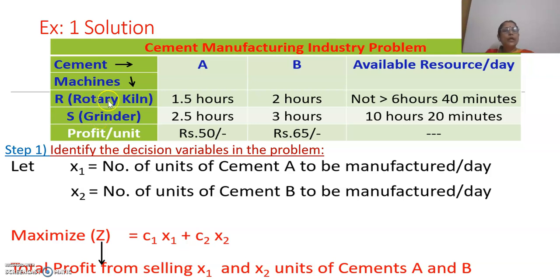So the machine time of R and S can be expressed as A11 x1 plus A12 x2 should be less than or equal to the availability, because our available machine time per day is not to exceed 6 hours 40 minutes. That is the appropriate type of constraint.